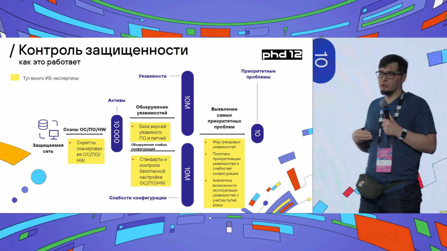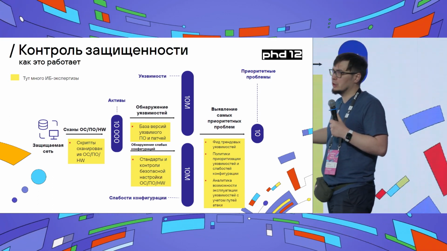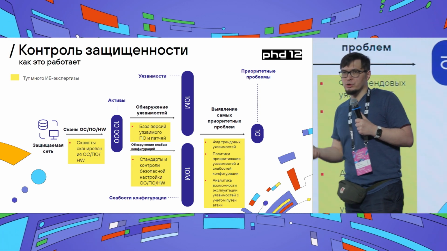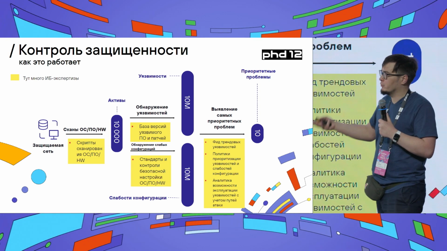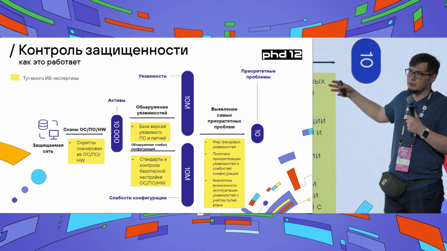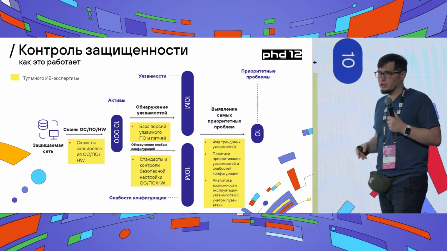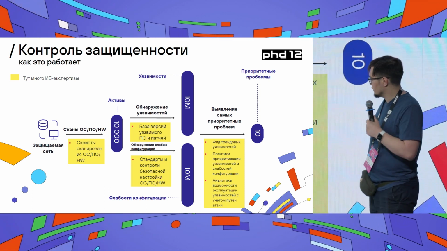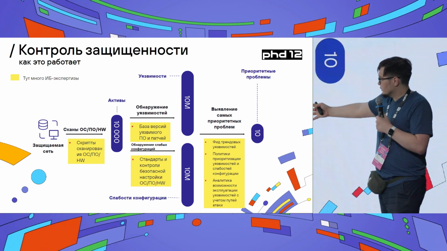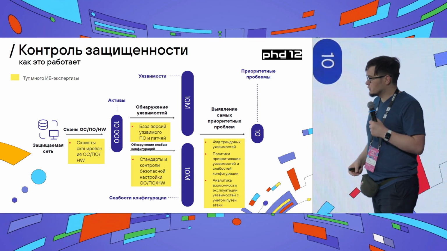And often there are things such as trending vulnerabilities. We can see what are the most common vulnerabilities, and there would be not so many of those, and those would have to be addressed as a first priority.